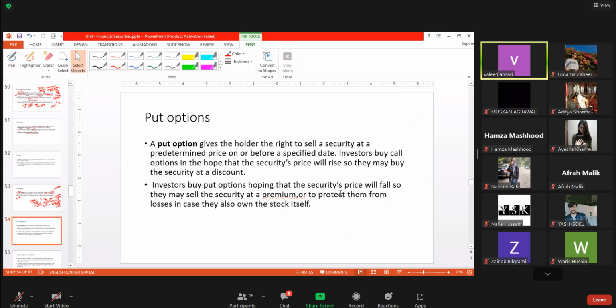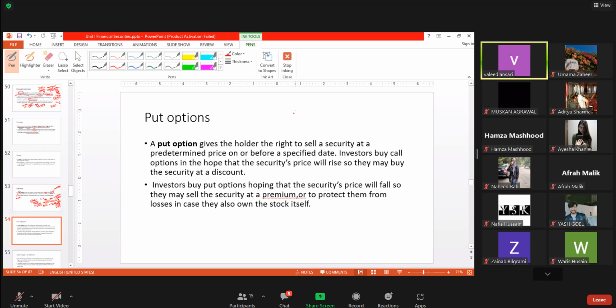If you bought it, the movement will be the same, as explained there, for a put option. It is written here: investors buy a put option hoping that the security's price will fall, so they may sell the security at a premium, or to protect themselves from losses in case they also own the stock.